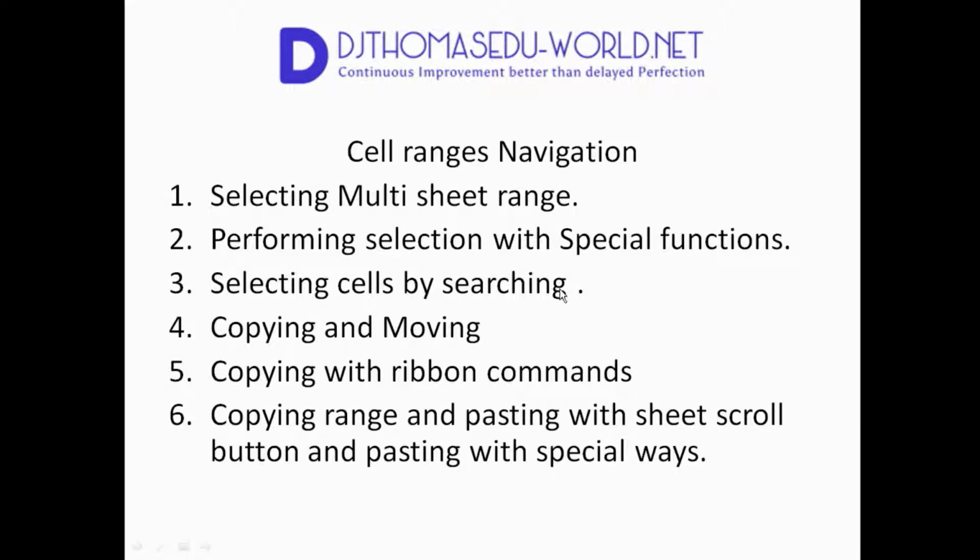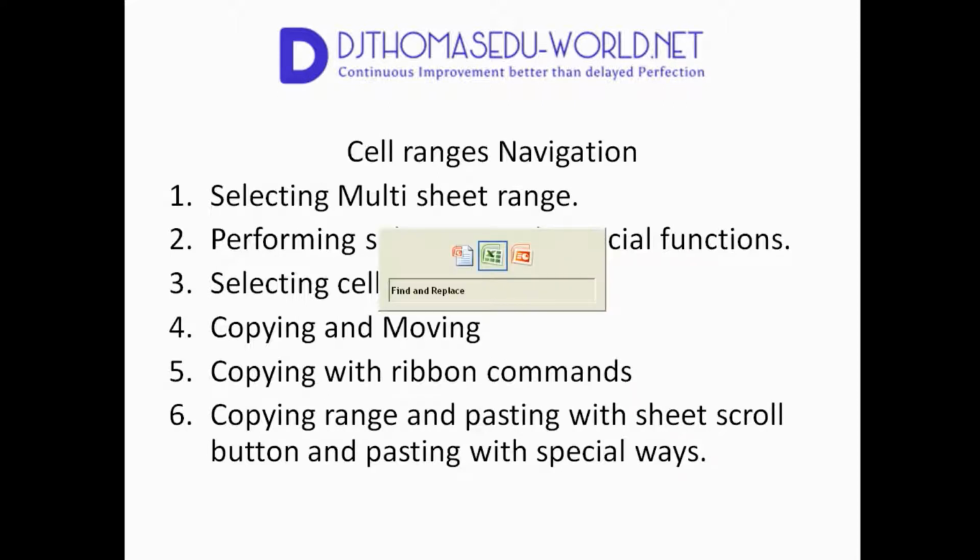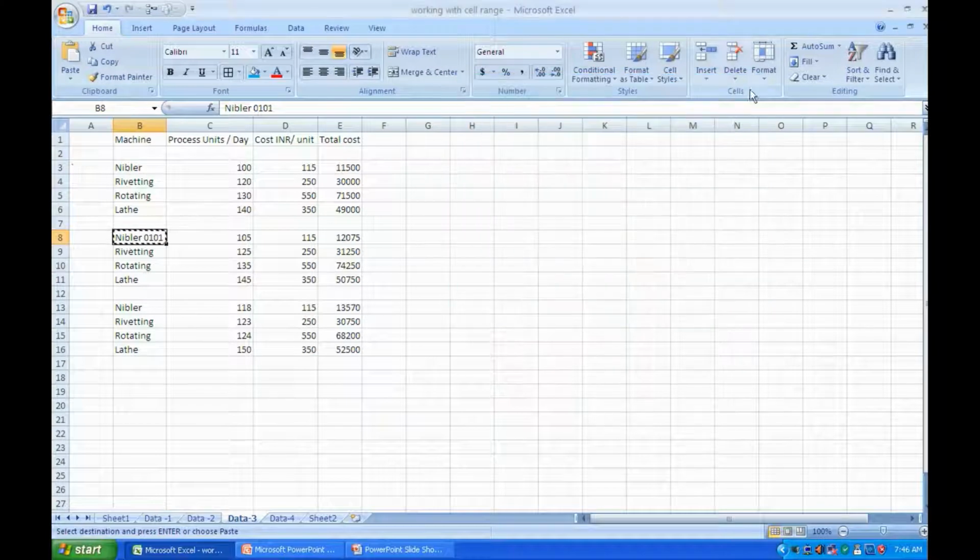This is how we can select cells by searching. Now let us move on to cell range navigation by copying and moving. This is a more commonly used function. Let's see in Excel. I'll close the previous window.